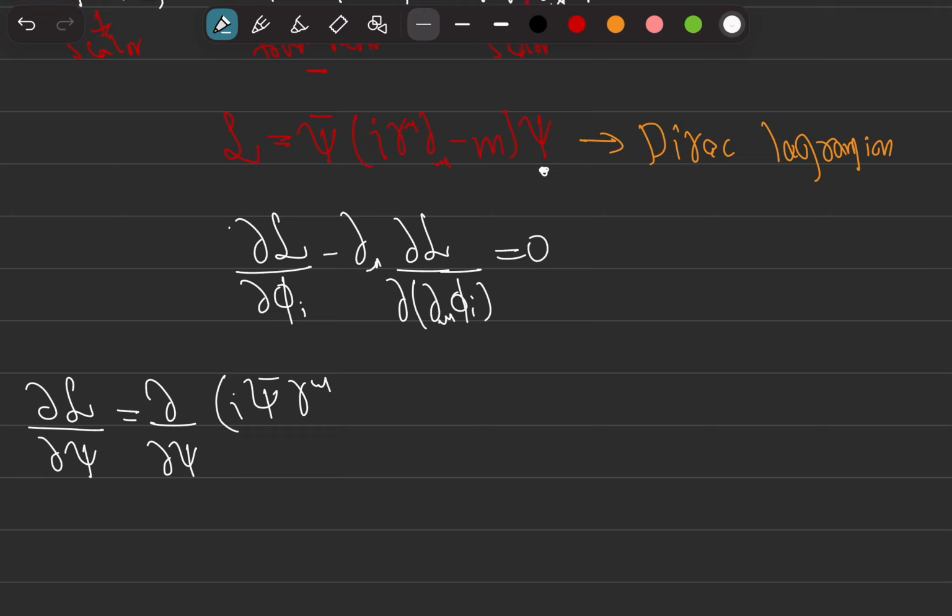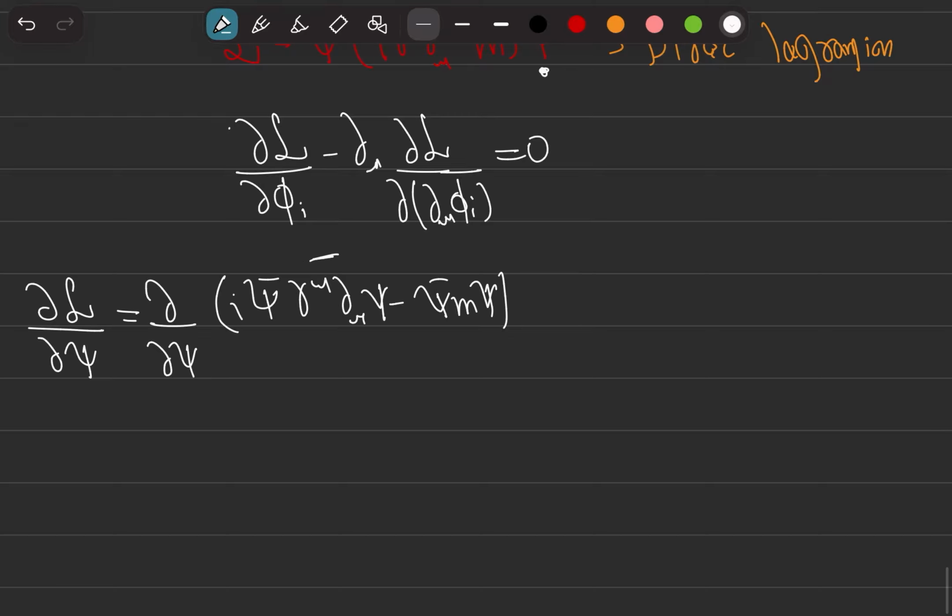Psi bar, iota gamma mu partial mu psi, minus psi bar m psi. Now the first term vanishes because it has a partial mu with it, but this term survives, so I get minus psi bar m.